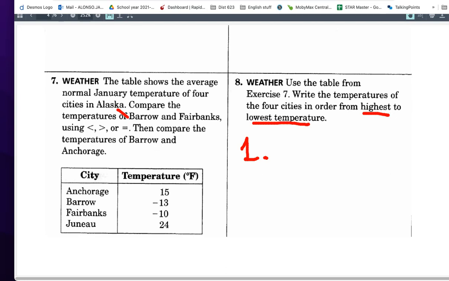So how many cities are there? 1, 2, 3, 4. So you're going to put 1, 2, 3, 4. Then that's it. Then put the name of the cities in order, from the highest temperature to the lowest temperature. As you can see, I gave you one. This one is going to be the lowest temperature.